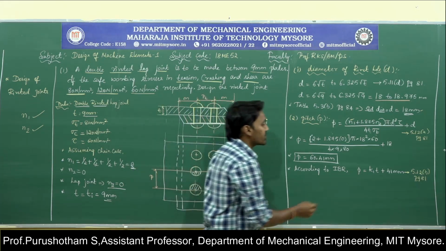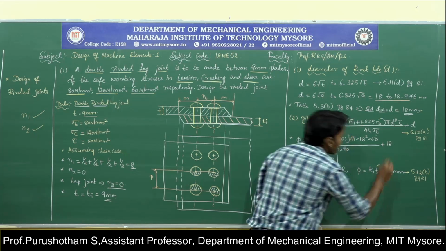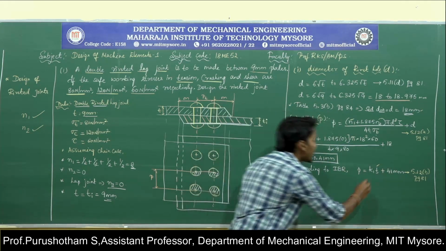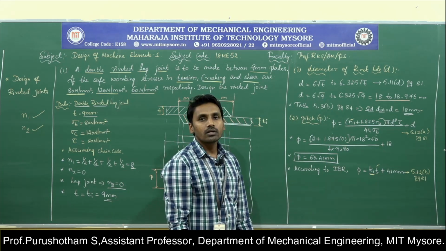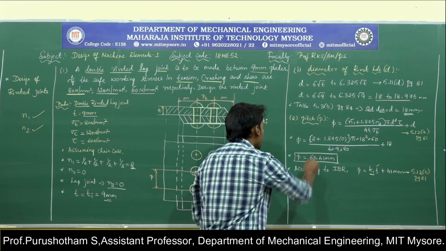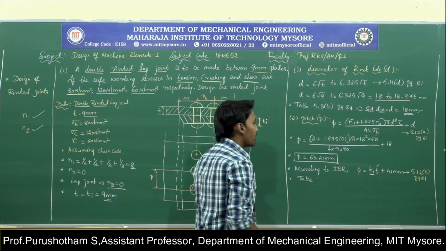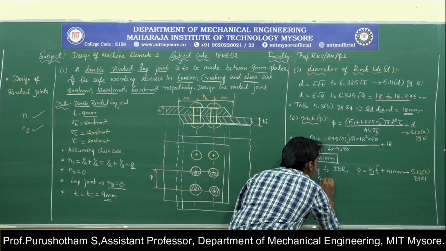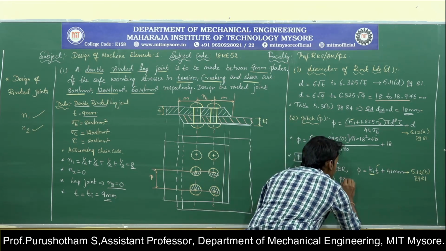If you observe this equation, the t value is known, the thickness of the main plate, but the value of K1 is unknown. The value of K1 is calculated by using table 5.4a, page number 85.